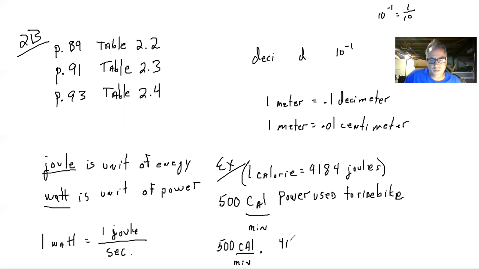So 4,184 joules per 1 calorie, which gets my calories to cancel out. Now I've got it in joules. Now I need to get to seconds.